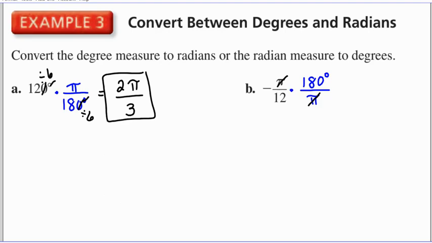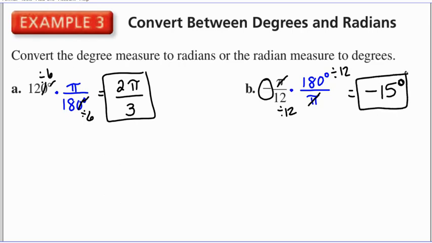We can reduce both the numerator and the denominator by 12, so divide that by 12. And we find out that this fraction actually equals negative, remember, because we were talking about a negative angle, 15 degrees. Write the degree symbol because that's the unit that we're using.